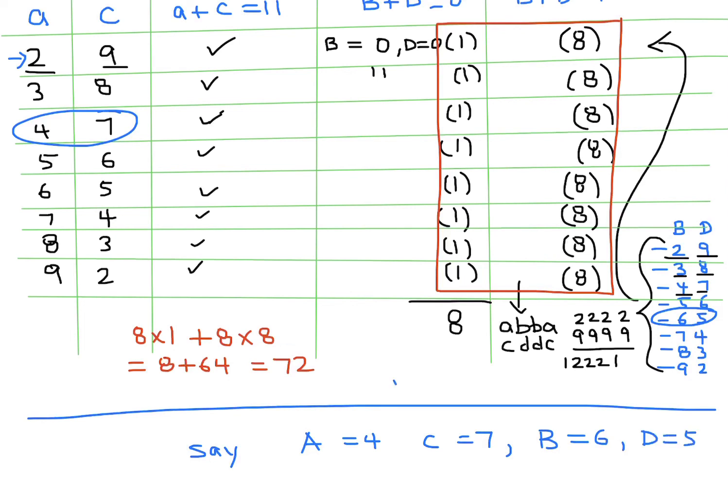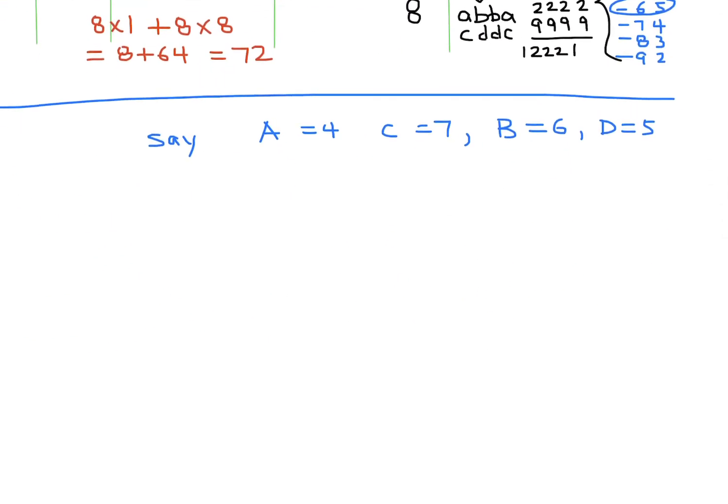I'm just giving an example to illustrate why we double counted. If you chose these numbers, what would be our two 4-digit palindromes? They would be 4664 and 7557, and the sum is 12221, like that.